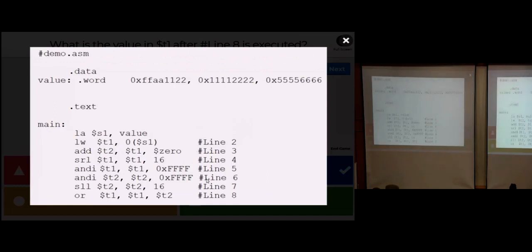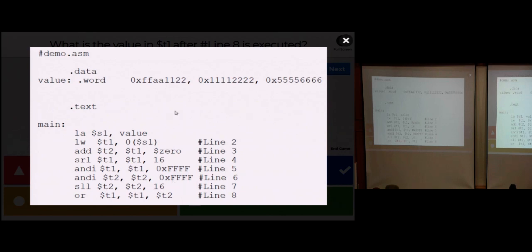Okay, so we're just carrying on. Over here, T1 already has 0000FFAA, correct? Then T2 is holding the original value of this, correct? After I do the AND operation, the 1122 is there, because I keep the 1122 and discard this, correct?